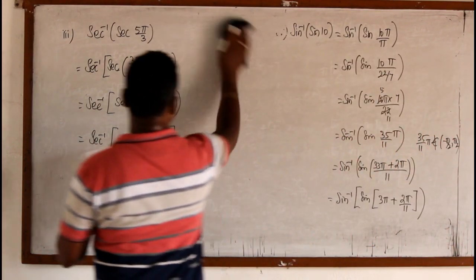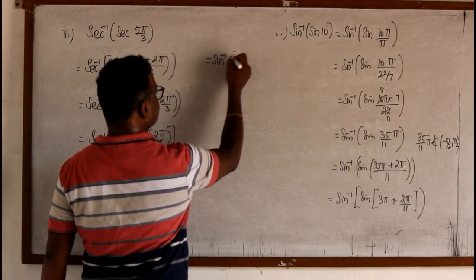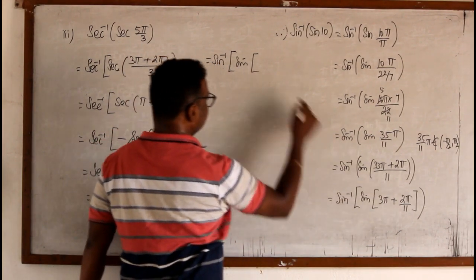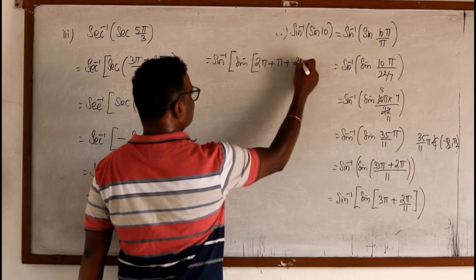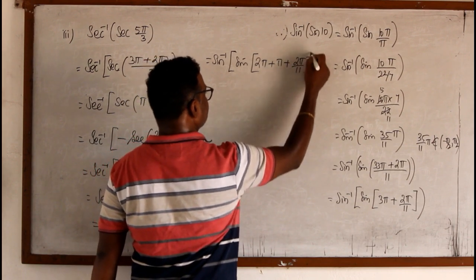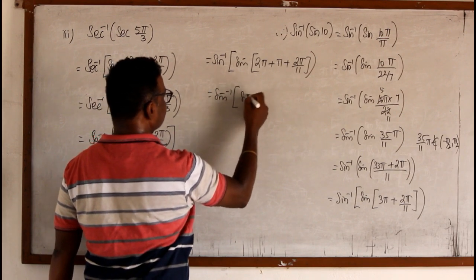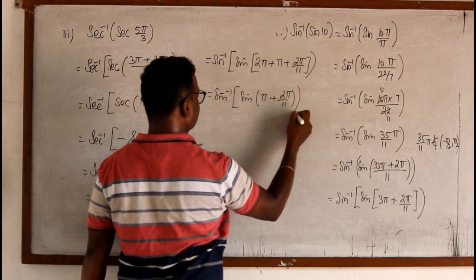Again, 3 pi is 2 pi plus pi, so 2 pi plus pi plus 2 pi by 11. 2 pi means one complete rotation, which becomes 0, so it is pi plus 2 pi by 11.